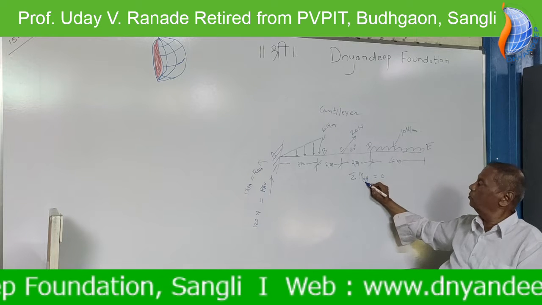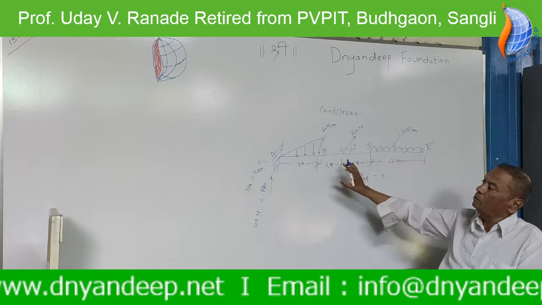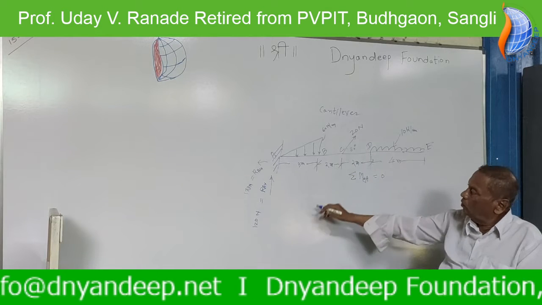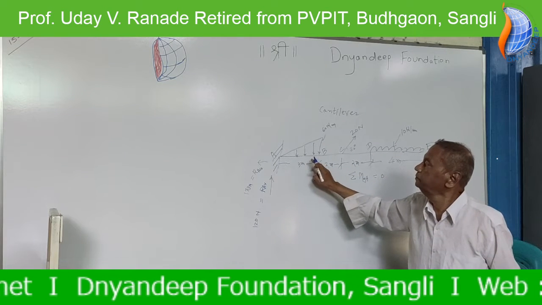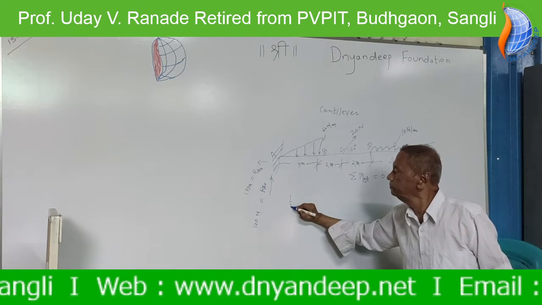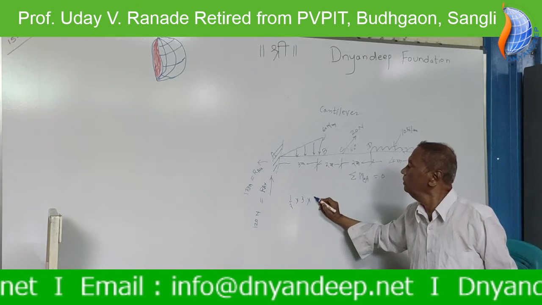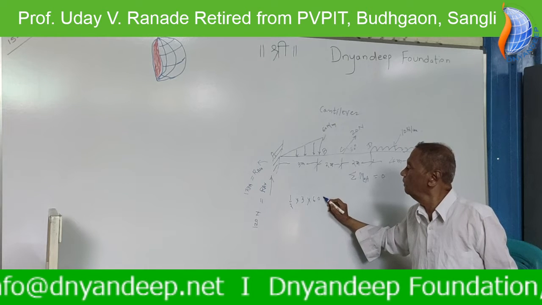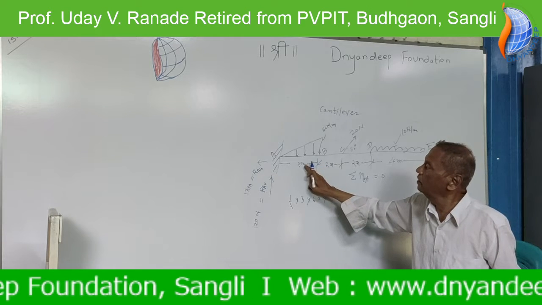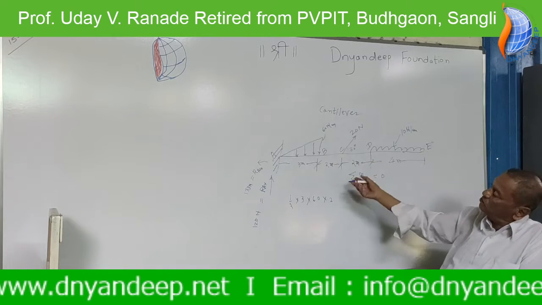Here it is about A. Taking moments of all forces about A. So moment of load for portion AB, 1/2 into 3 into 60 into up to A. This is 3. From base it is 1, and from here 2 into. This is clockwise moment.